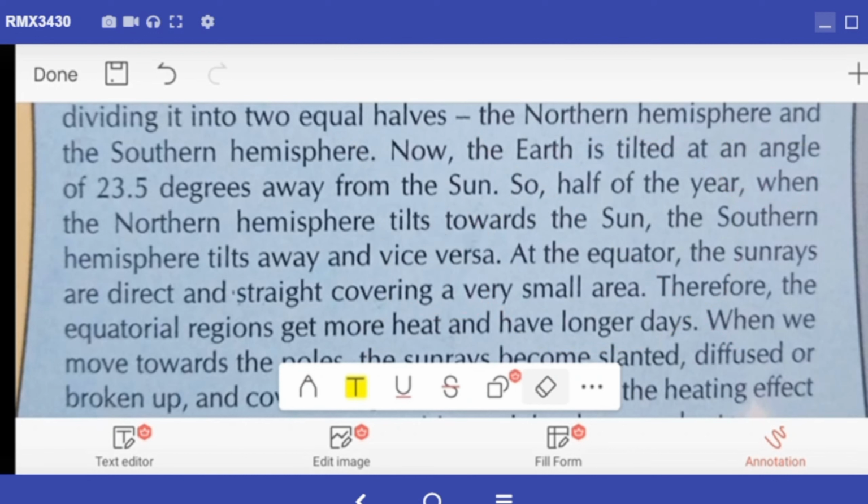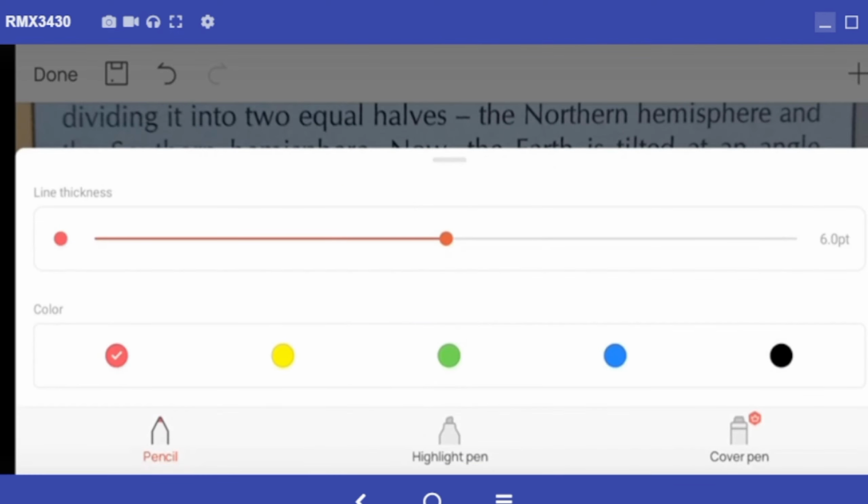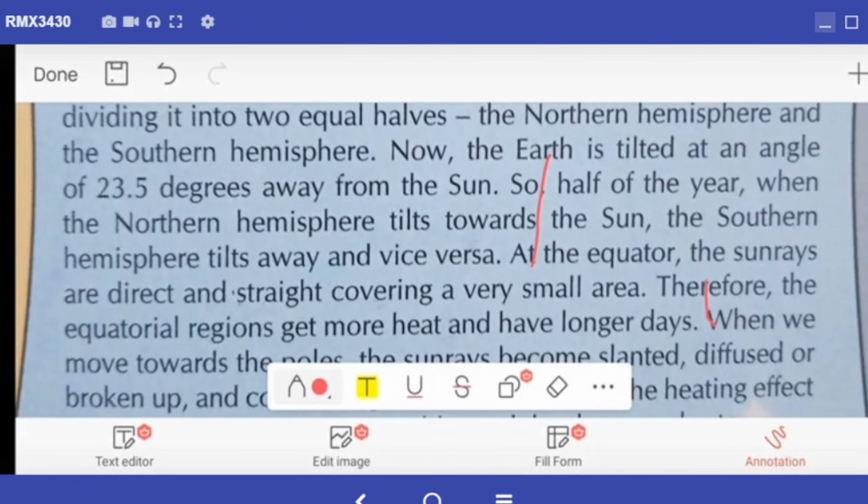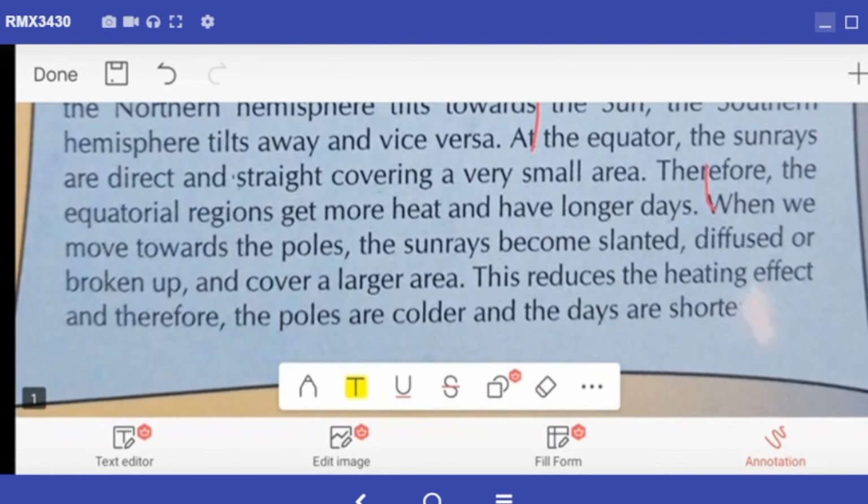So what actually happened due to this? At the equator the sun rays are direct and straight, covering a very small area.